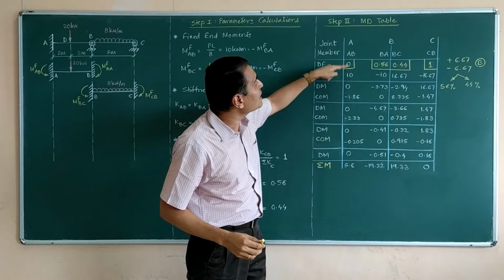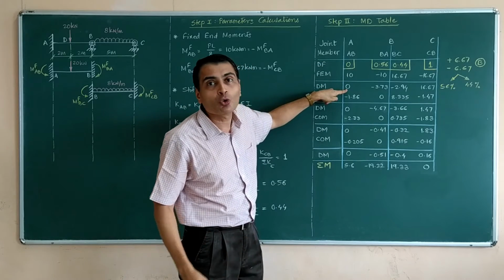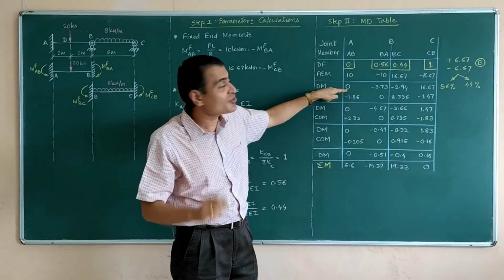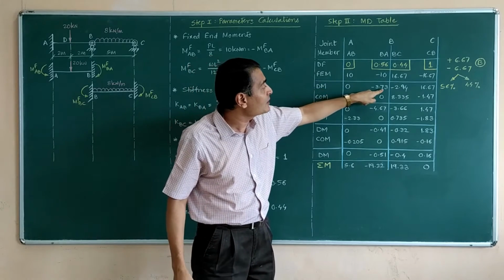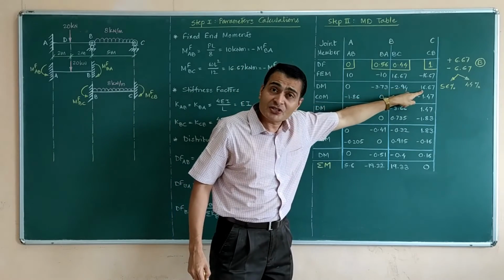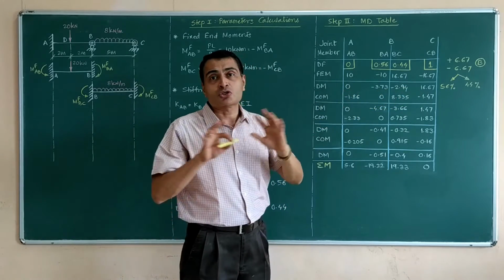So negative 10 multiplied by 0 gives me 0. So when I start with my first cycle, my entries are minus 3.73, minus 2.94, plus 16.67 and 0.